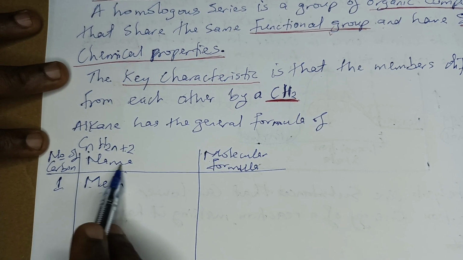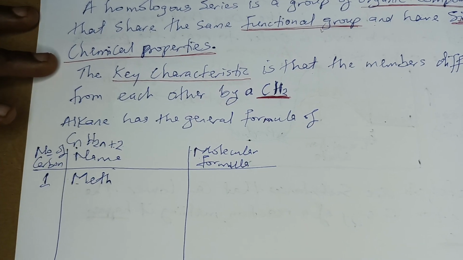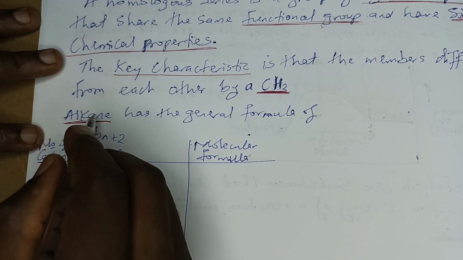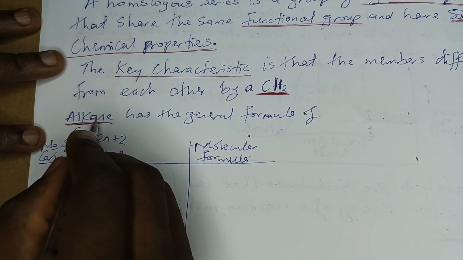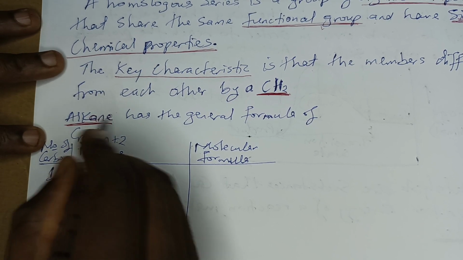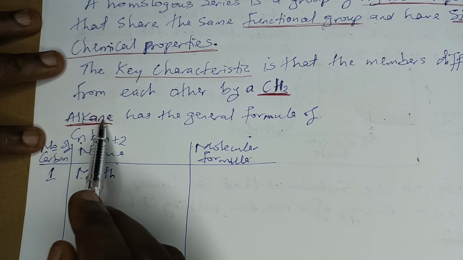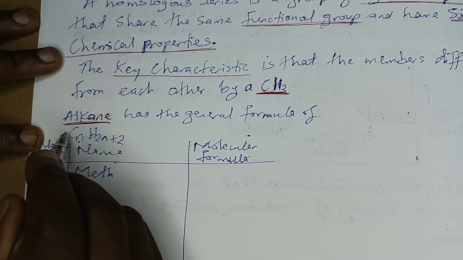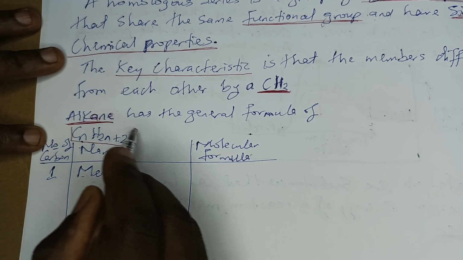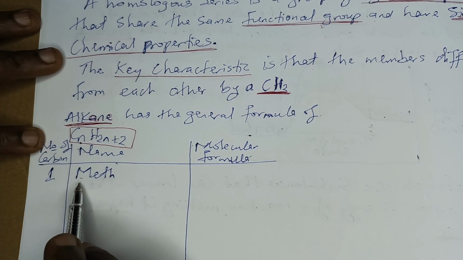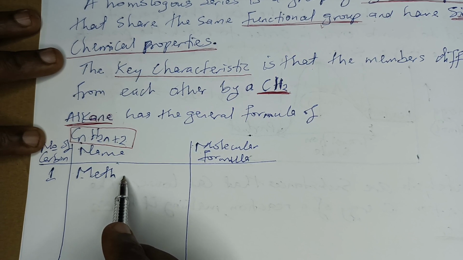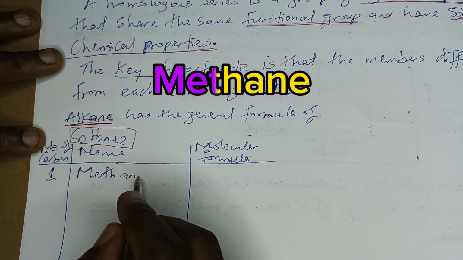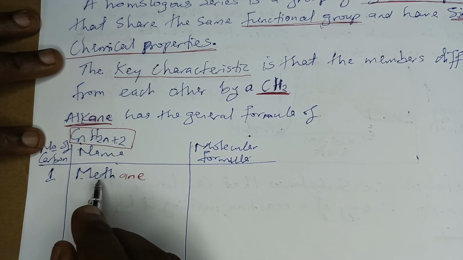When the carbon is 1, we use the name meth for 1. And since this is under alkane, look at this: alkane finishes with ANE. Anything we write under this alkane, which has a general molecular formula of this, we have to put ANE at the back. So we call it methane.